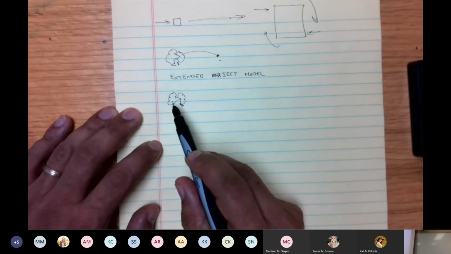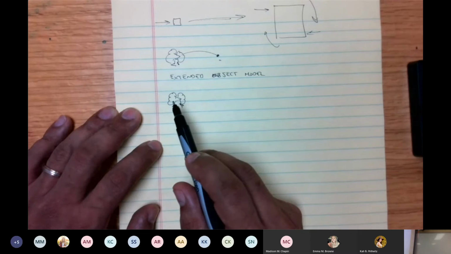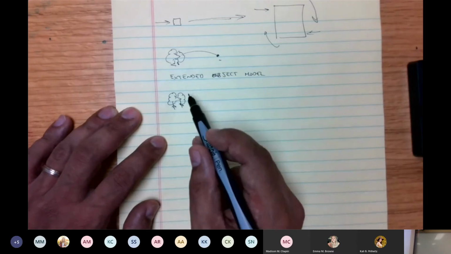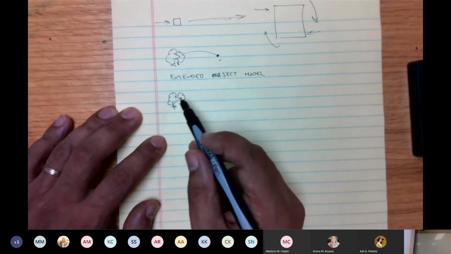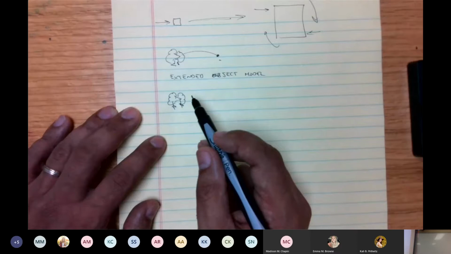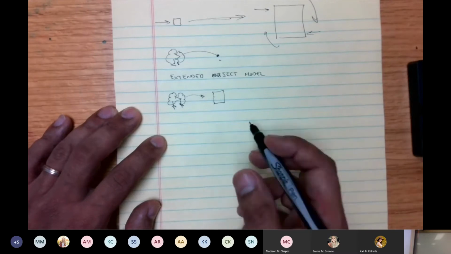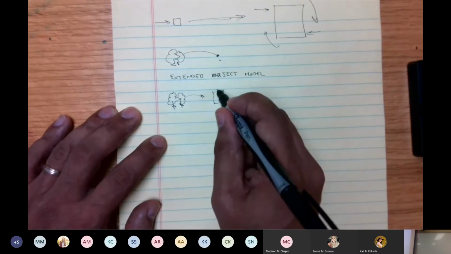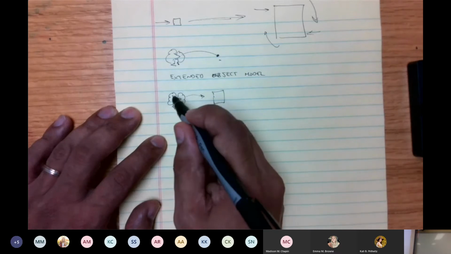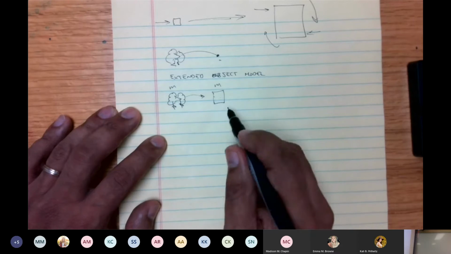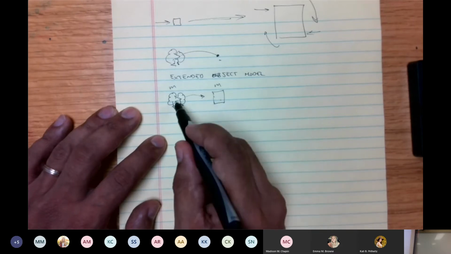We're going to do a simplification, but keep some of the dimensions that are relevant to the object. So a bird is still a very complex geometry, a very complex structure, but I may be able to replace the bird by a box, by a square. As long as the dimensions of this box are similar to the dimensions of the bird, and as long as the mass of this box is equal to the mass of the bird, I can say that this box is a model of the bird, and I can apply some equations on it.